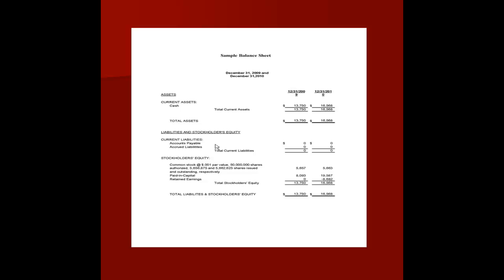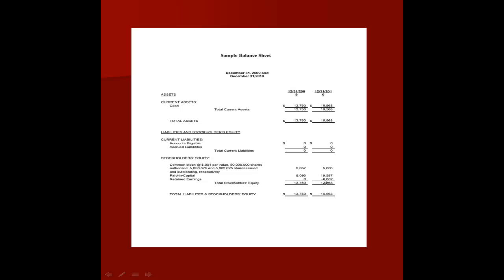Then, once you get all your liabilities, you have your stockholders' equity. It's the par value of the stock; in this case it's a C corporation, and there are 50,000 shares authorized, 5,656,875 shares actually issued, and I've got the others issued and outstanding respectively. There was some preferred I took out. I apologize for this. And the paid-in capital that you may have put money into, and the retained earnings.